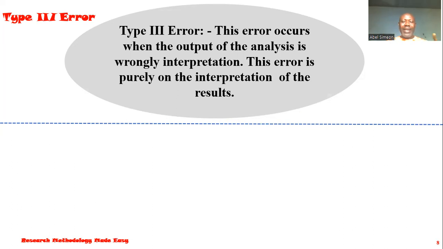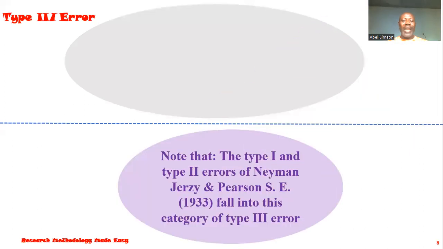This is where Neyman and Pearson's type 1 and type 2 error comes in, because they are talking about wrong rejection and wrong acceptance. If you wrongly interpret it, that is type 3 error.